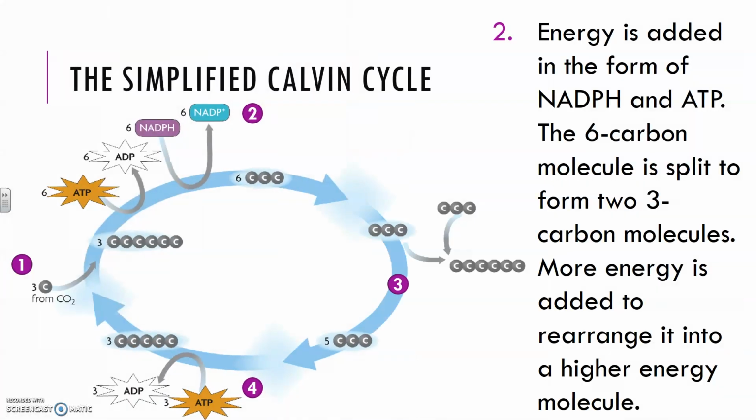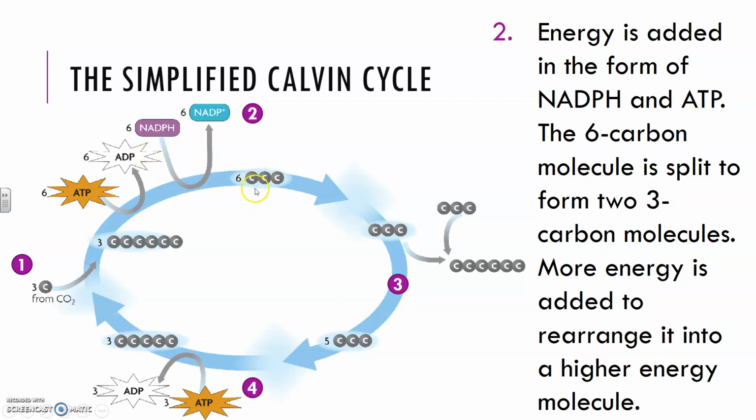Now at this point, you're going to add in energy in the form of ATP and NADPH. Each of those 3 6-carbon molecules is going to get split in half, so you're going to get 6 3-carbon molecules. Now at this point, you're going to add in more energy, included in that ATP and NADPH here.